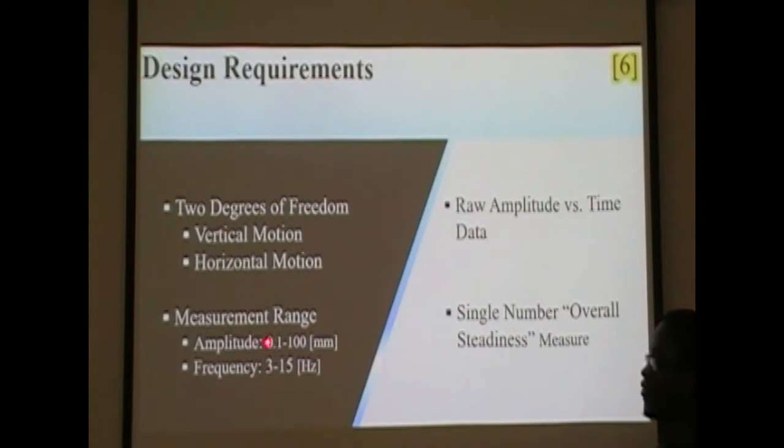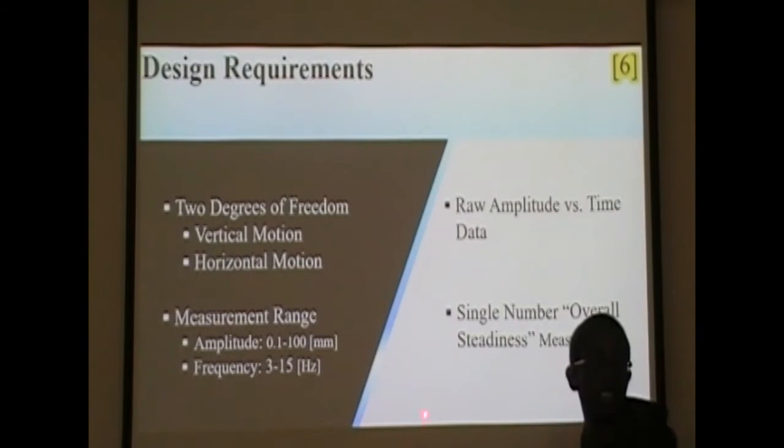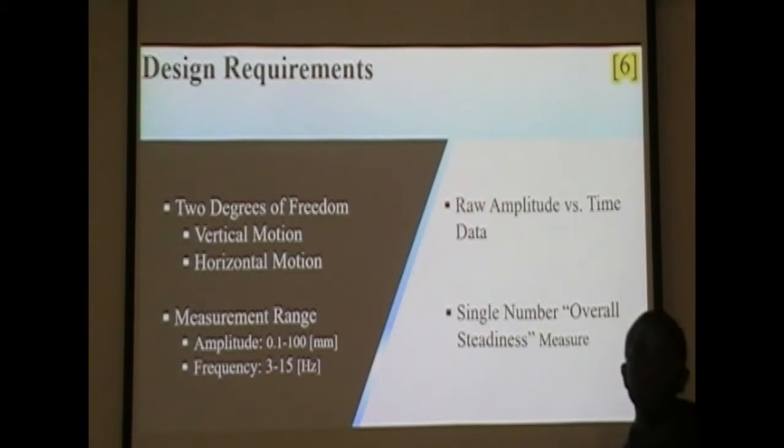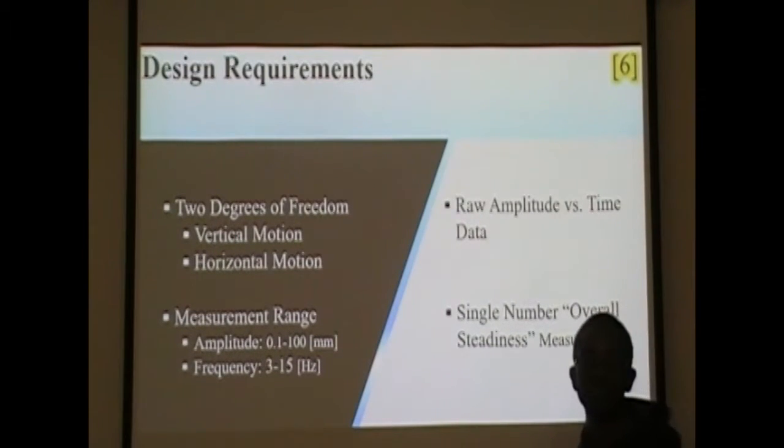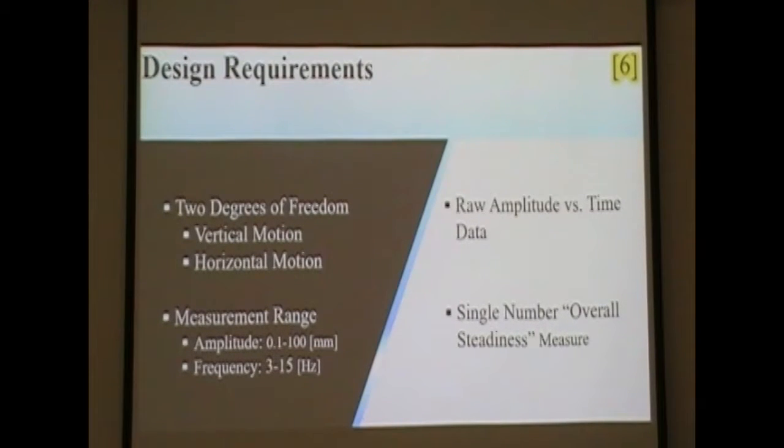We found out that tremors as an entirety have a frequency range between 3 and 15 hertz, so our device would have to at least be able to measure twice that for our information to be valid. We also want to obtain raw amplitude movement and plot that by time, and with that information represent it with a single number, an overall steadiness representation of measurement.